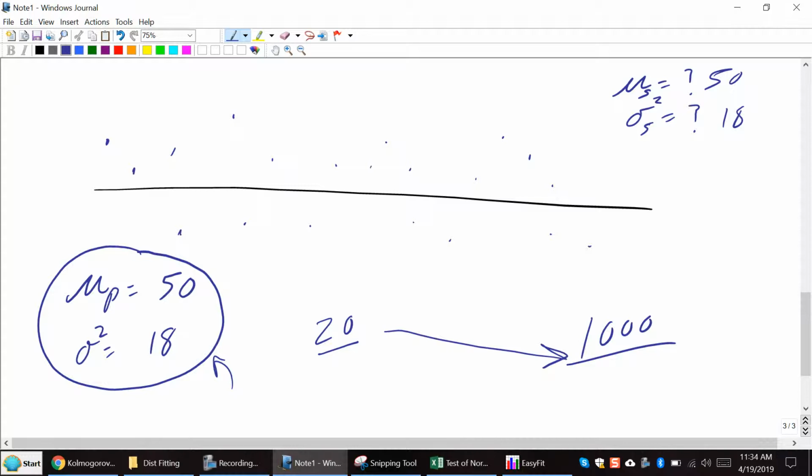So my sample is going to be representative of my population. I mean, that's really the goal of statistics, to, instead of looking at entire populations, deal with samples. Okay? So I can expect certain parameters from my sample. I can expect them to be certain values.